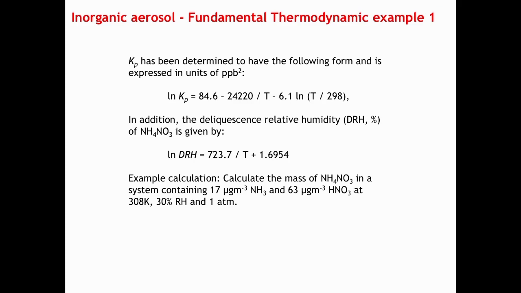So 0.02 times 1 times 10 to the minus 6 moles.